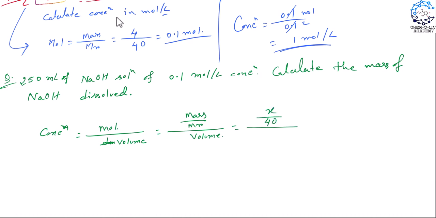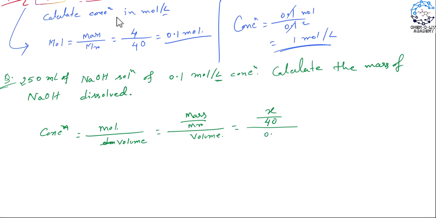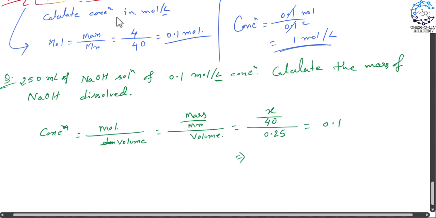The volume is 250 ml, but the concentration is given in mole per liter, so let's convert it into liter. So 0.25 liter. The concentration is given 0.1. Now from this equation, I have to calculate the value of X. So X divided by 40 into 0.25 will be equal to 0.1.